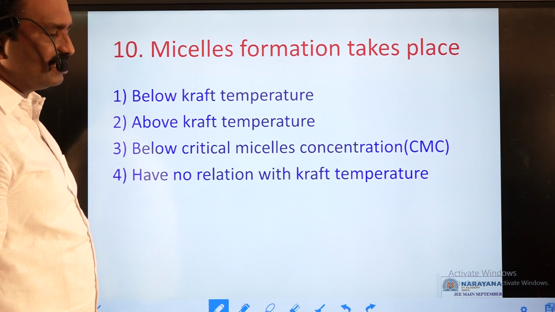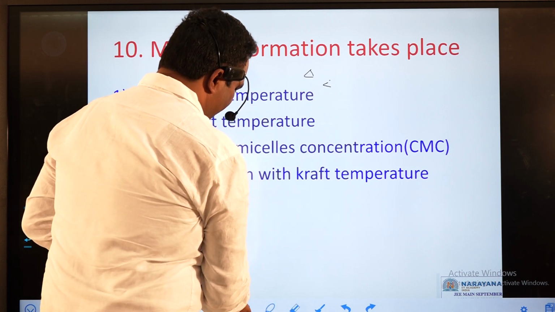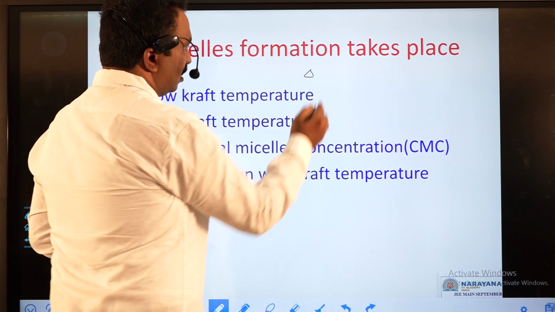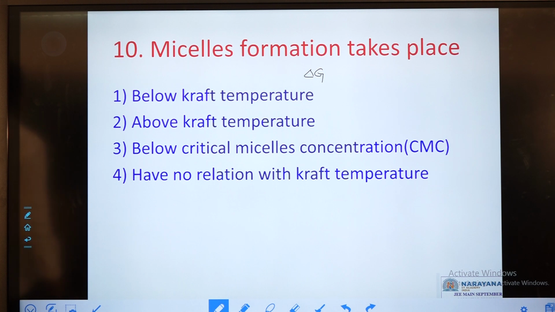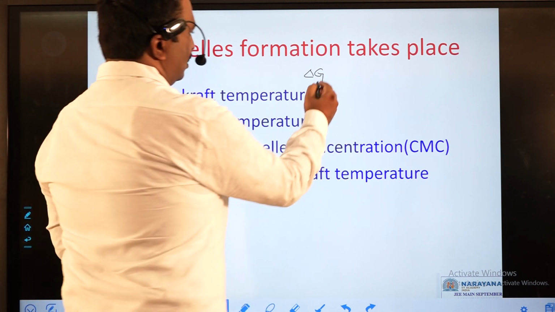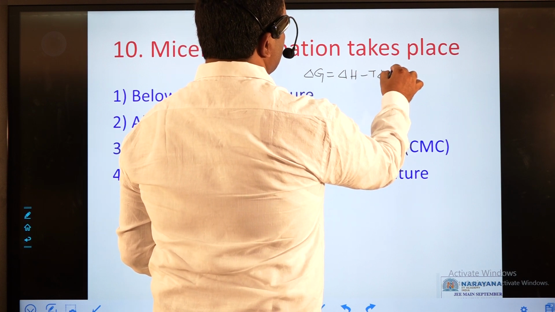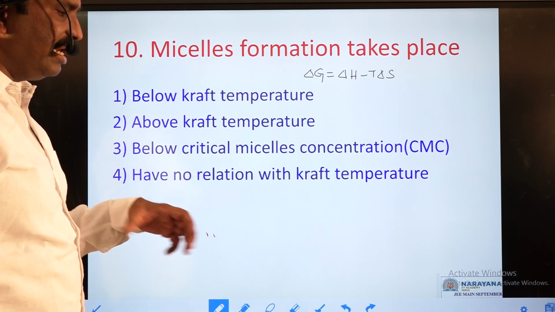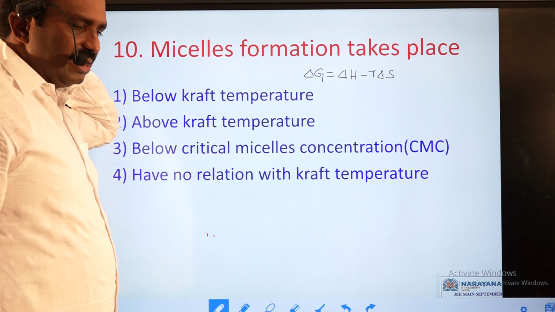To identify this minimum temperature requirement, you can use delta G is equal to delta H minus T delta S. Now the spontaneous formation of micelles is possible only when delta G is negative.